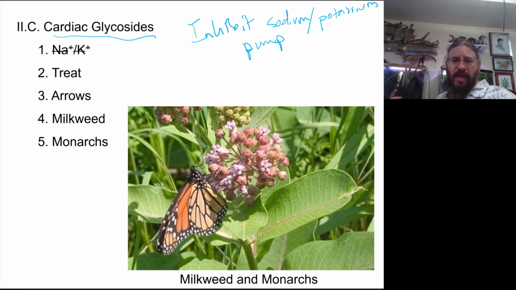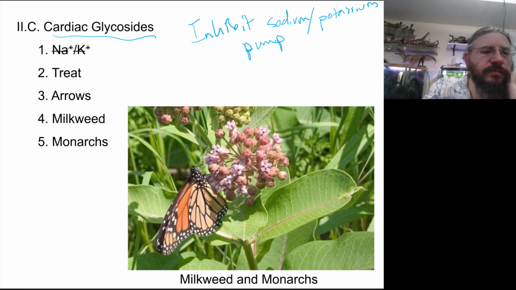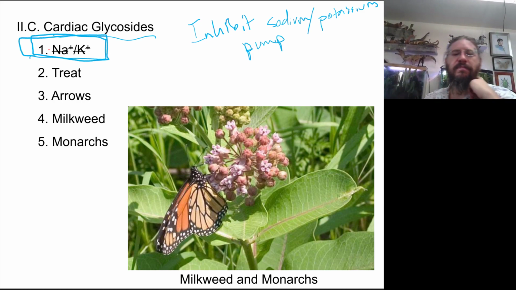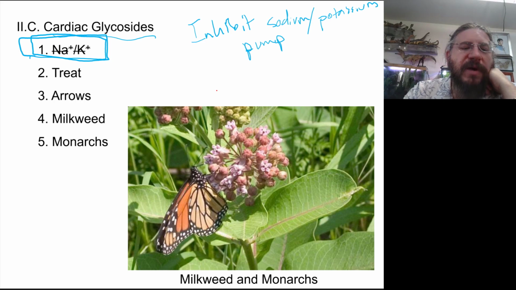So what maintains those charges? The sodium-potassium pump. The resting state of a neuron is the inside is ever so slightly negative compared to the outside. And the sodium-potassium pump pumps 3 positively charged sodium out and 2 positively charged potassium in.